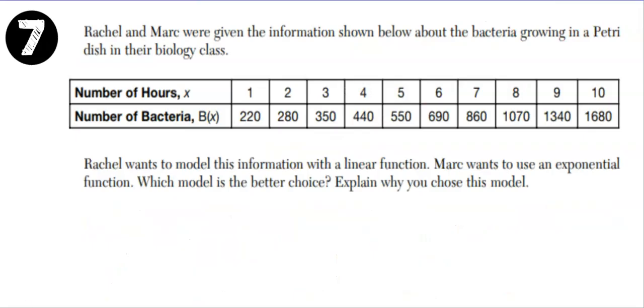Question number 7. For this question, you're asked to choose between a linear or exponential model. So by a quick look here, we can see that the X's are increasing by 1 each time.